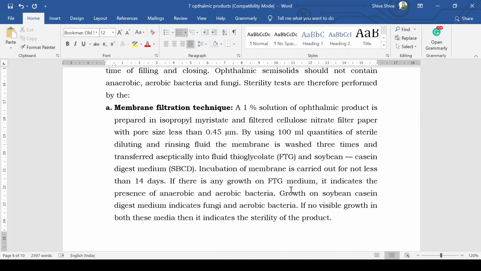You have to filter the solution through the cellulose nitrate filter paper, which has pore size not more than 0.45 micrometer. Then you have to incubate this filter paper in the FTG, that is fluid thioglycolate media, and SBCD, that is soybean casein digest media.